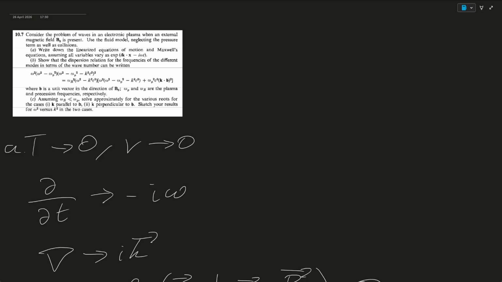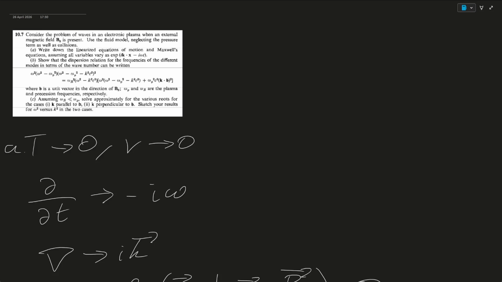And then in part 2, we have this extraordinary wave, X wave even. It has this resonance where k tends to infinity. There's an upper hybrid frequency as well, which is omega p squared plus omega b squared.